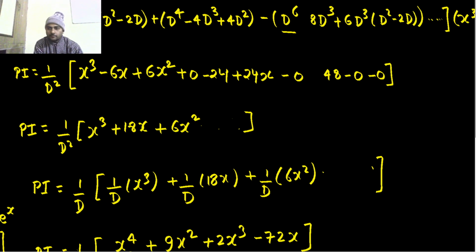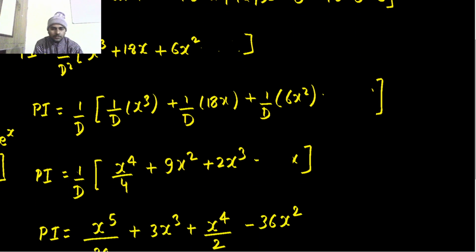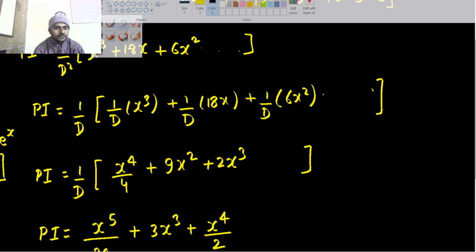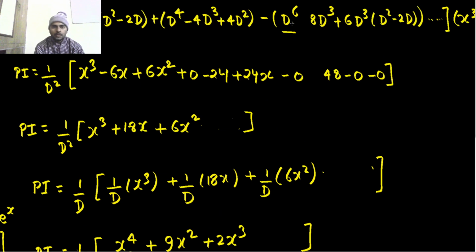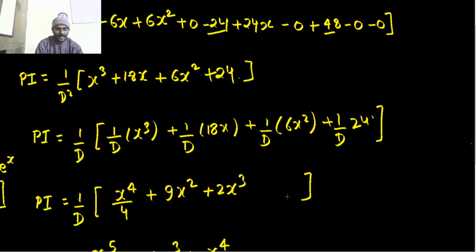And now this also I have to remove. Now let's see. So it will be minus 8D cube plus 8D cube. Third derivative is 6. 6 into 8 is 48. 48 minus 24 is 24. Now 24, if you integrate, you will get 24x.